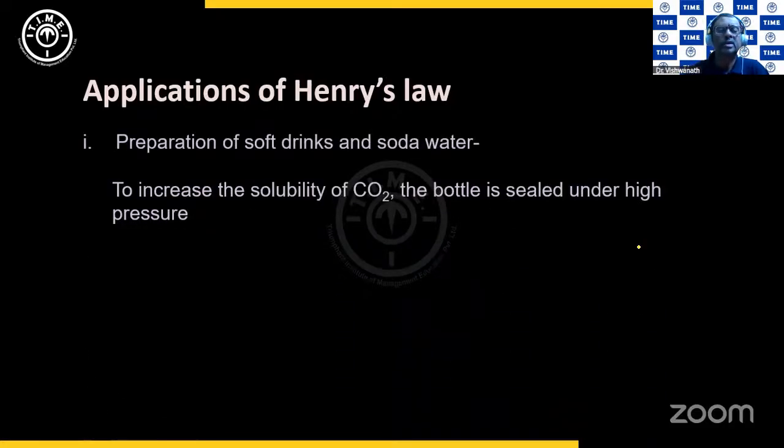The first application is, as we said, soft drinks or soda water, simply. Even the soda water that is supplied on the streets, they have this gas bubbled at a high pressure into a bottle.